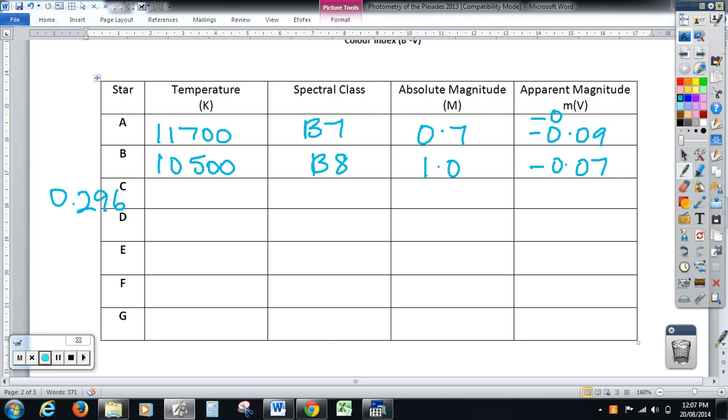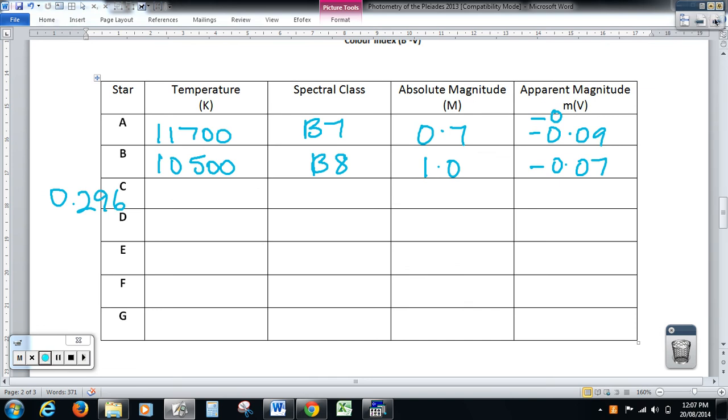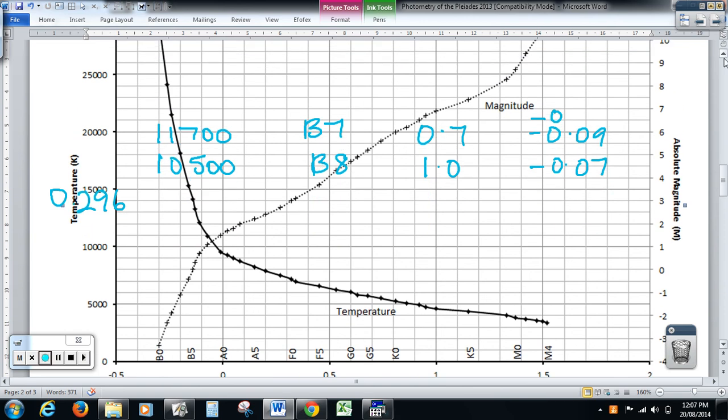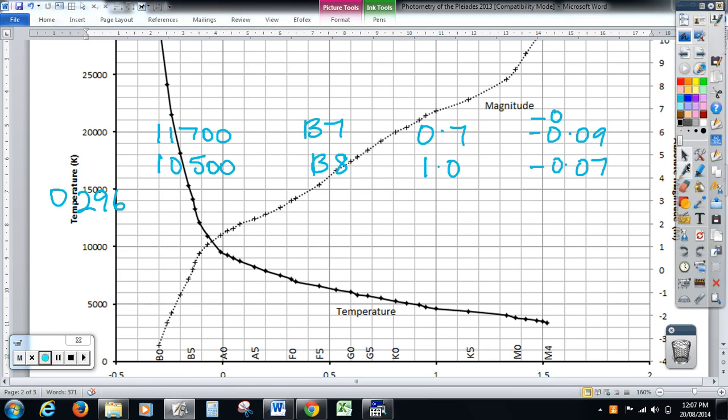Okay. And 0.296, so we'll go to 0.3, working with it together. So we can do this one. 0.3 would be here, so going up here, that's the first intercept, and there's the second intercept there.